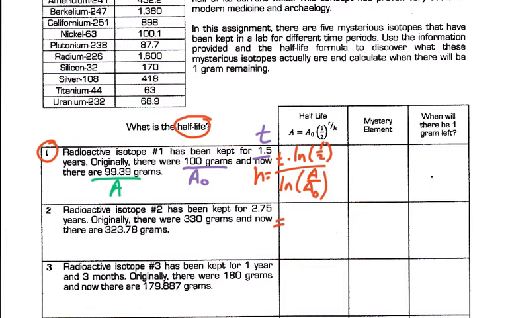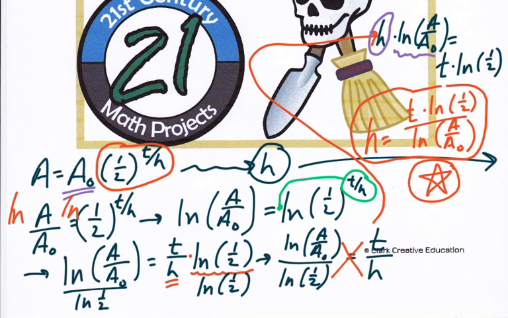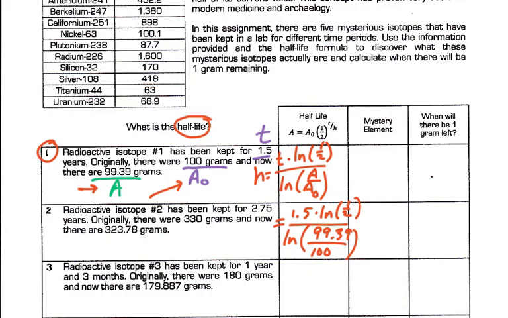I'll use 1.5 as my time times the ln of a half over the ln of my final amount, A, which is always smaller, 99.39, over A0, the starting amount, which is always bigger, 100. There we go. So we're using logarithms to help solve the half-life formula into something a little bit more manageable. But now that we have this magic formula, now we can just plug it in.